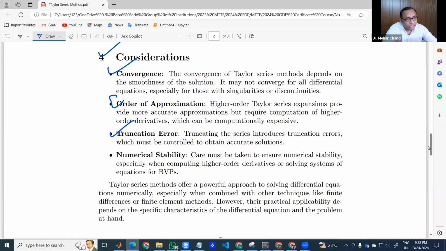The Taylor series method offers a powerful approach to solving differential equations numerically, especially when combined with other techniques like the finite difference or finite element method. However, their practical applicability depends on the specific characteristics of the differential equations and the problem at hand.